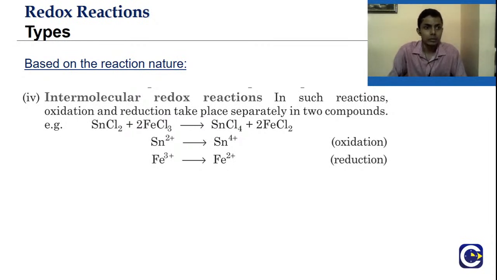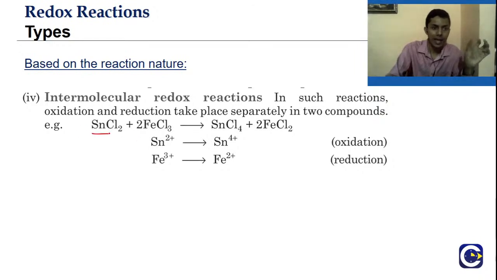The next type is intermolecular redox reaction. Intramolecular is when, in a compound, two atoms undergo it. In intermolecular, two different compounds with the same element will undergo oxidation and reduction.